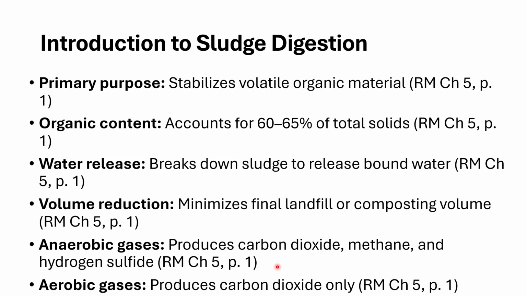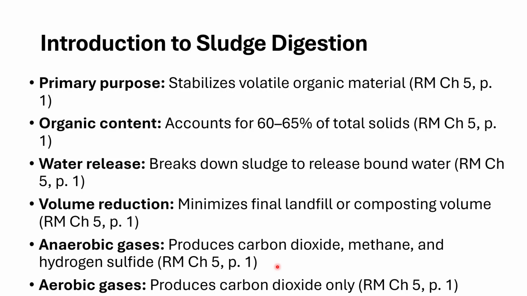Okay, now we're going to find that there are two types of digestion that we're going to deal with as wastewater operators. One is anaerobic, and that is digestion in the absence or with extremely low oxygen content.